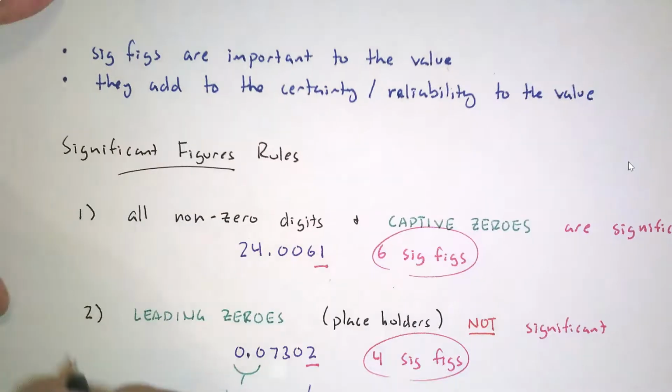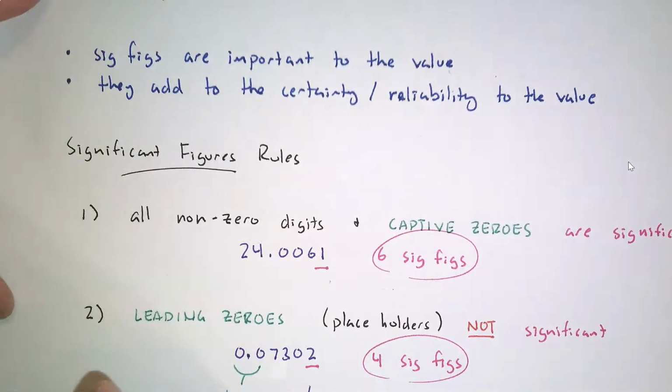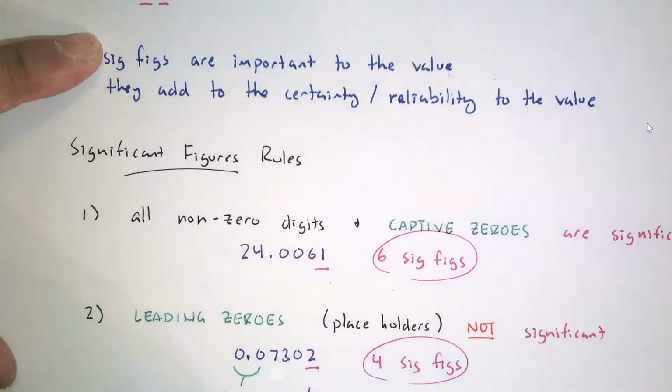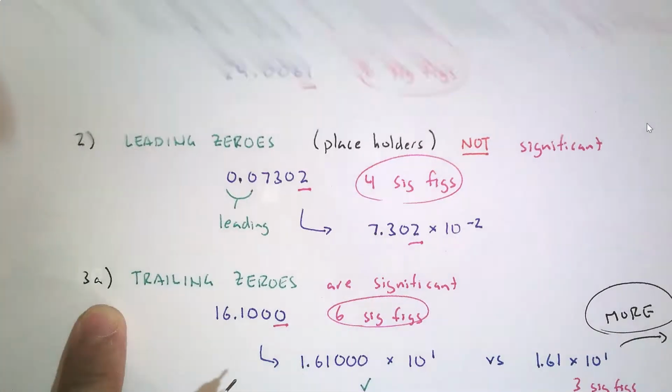So for instance, let's call this 3b. And let's amend this to 3a. 3a. Okay, 3b.